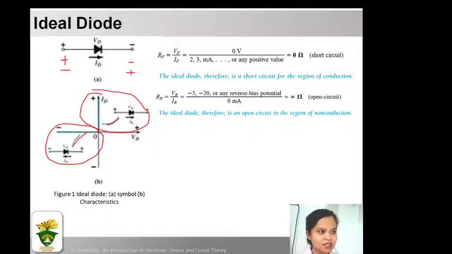So from this illustration, ang voltage nato at that condition is 0 volts. Then ang current nato is from any value above 0 or 0 upwards. So 0 voltage over any positive value makes a 0 resistance, 0 ohms, meaning short circuit.